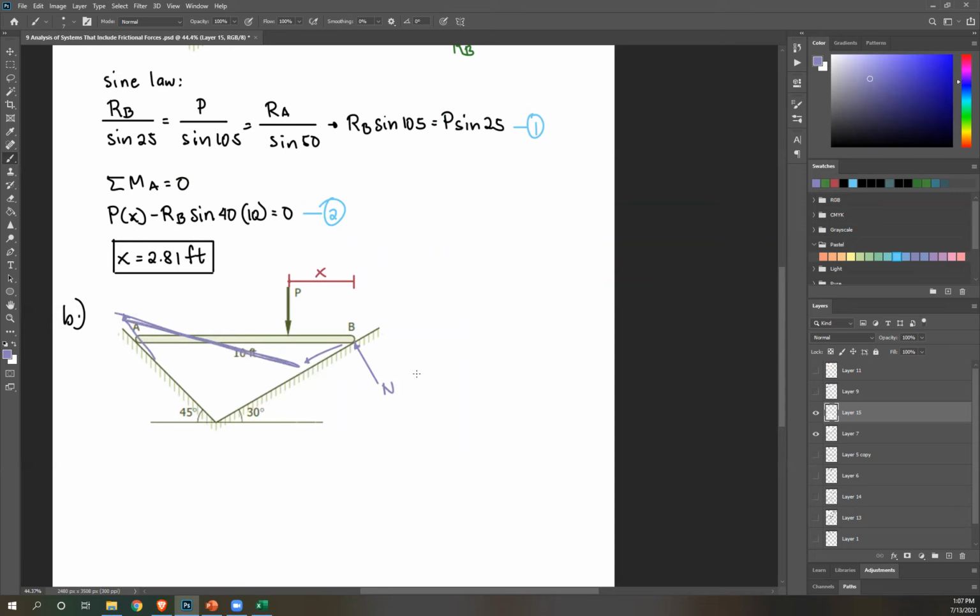And again, friction opposes that. So this is downward, so friction is upward. Same thing here. This normal force, always perpendicular. Okay, so your N. The tendency of this is to go up, so friction is to go down.